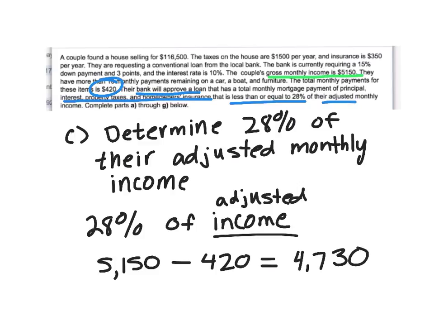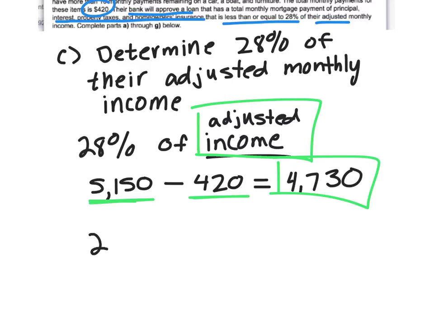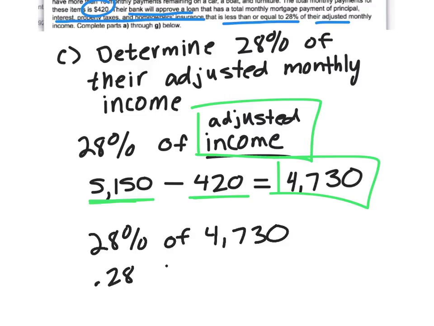So that adjusted income, the amount of money that they have after you take their gross income and take out their expenses, is $4,730. So now that we know what that adjusted income is, now we can calculate 28% of it. So it's 28% of 4,730. We know by now that this converts to a decimal, so that's 0.28.